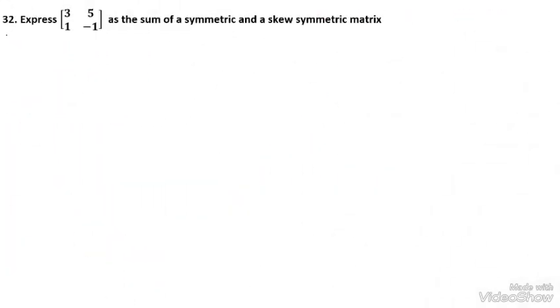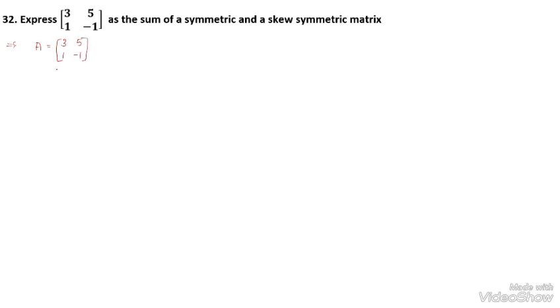Next problem. Express the matrix 3, 5, 1, minus 1 as the sum of a symmetric and a skew symmetric matrix. Here, first I take the given matrix as A. A is equal to 3, 5, 1, minus 1.